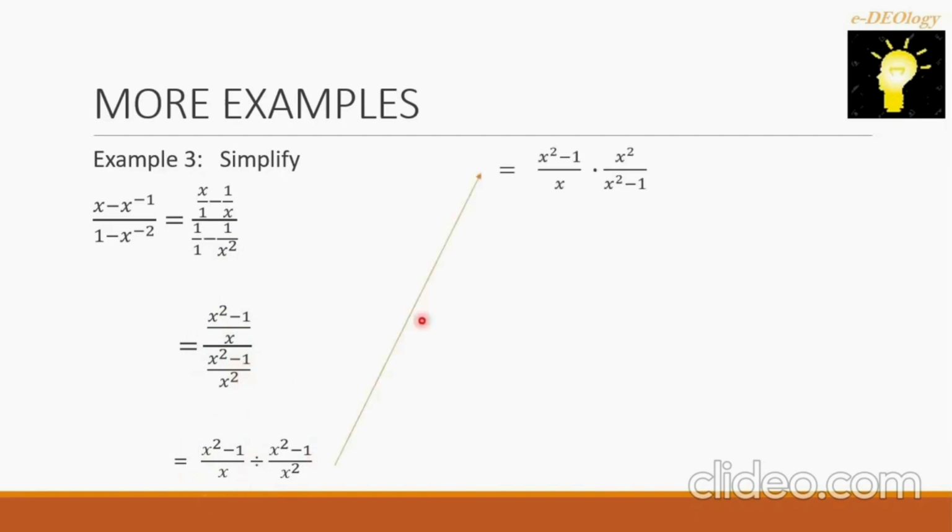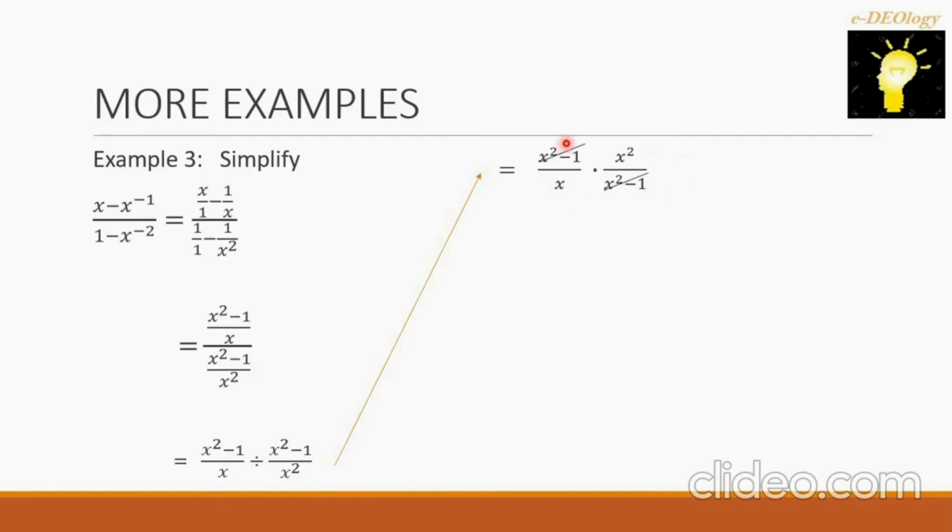The first fraction we will simply copy, and the second fraction we're going to flip, such that the x squared down here becomes the numerator now, and then the x squared minus 1 is the denominator.